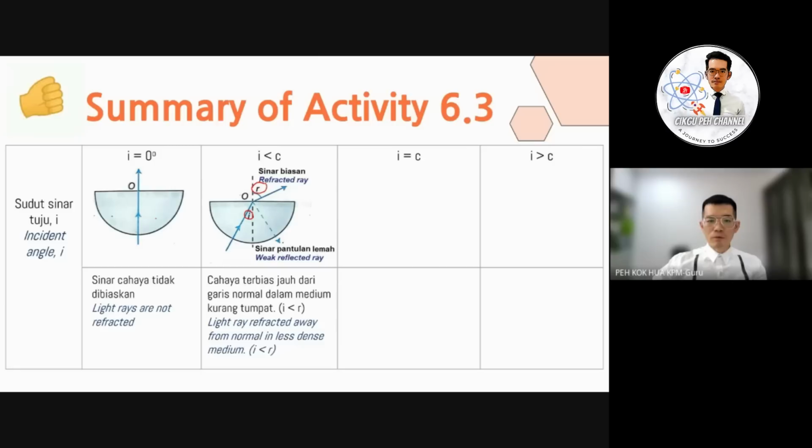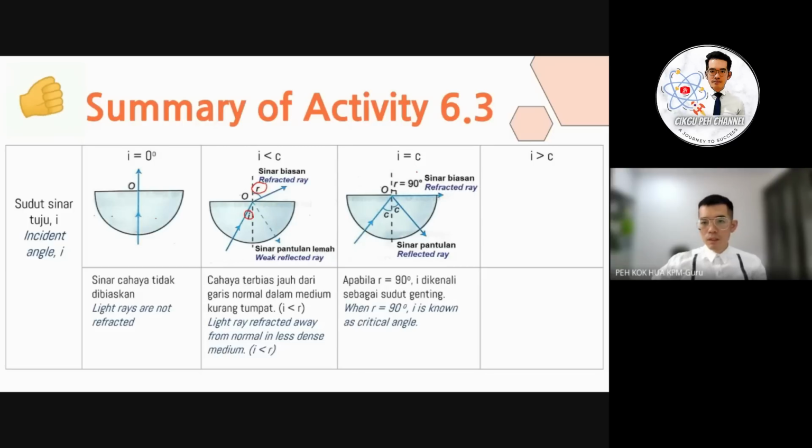The refracted ray becomes sharper as the incident angle in the denser medium increases. When I equals C, R in the less dense medium, which is air, is equal to 90 degrees, and the incident angle here is known as the critical angle.